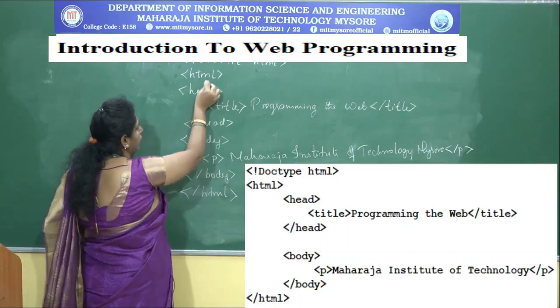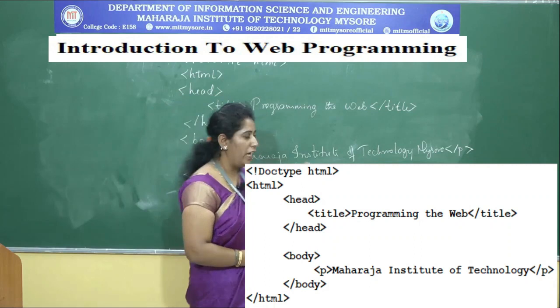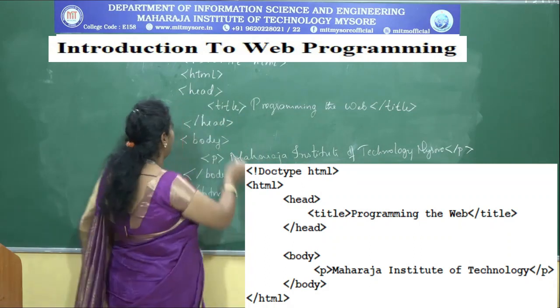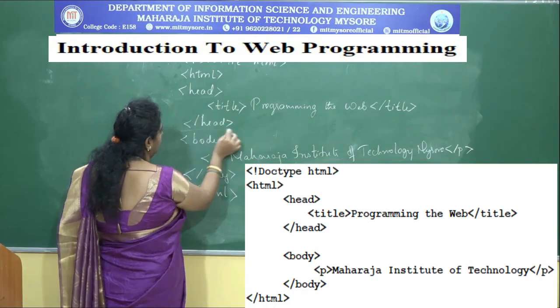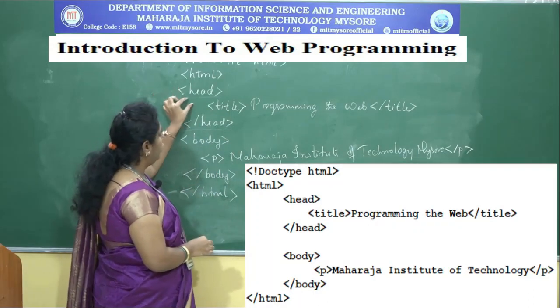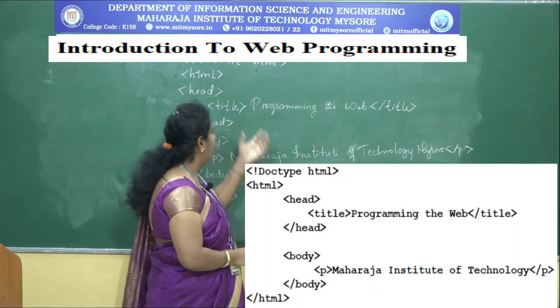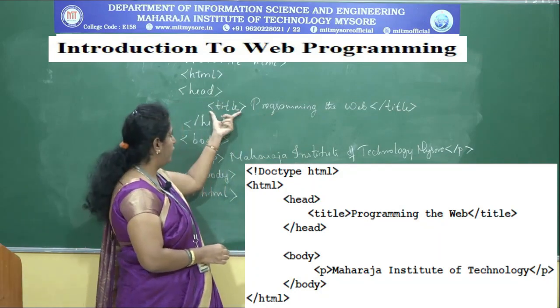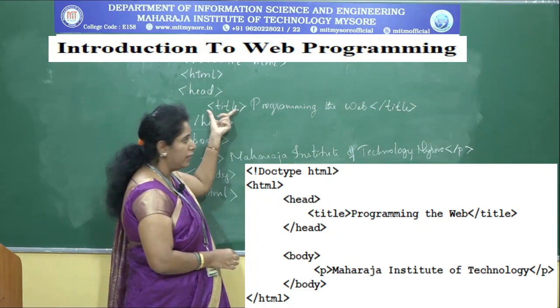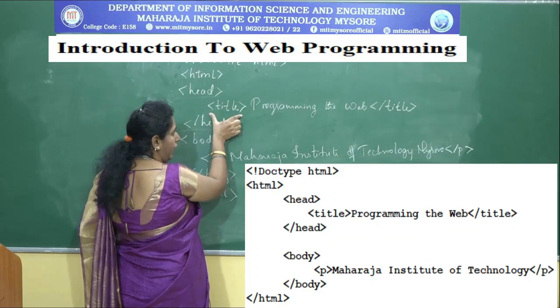After that, if we wish to give some title to our program, that can be given in the header part of the program. So, you have to open the head tag. Within that, any title which you wish to give for a program has to be given with a tag called title. Now you can notice this is the open tag.